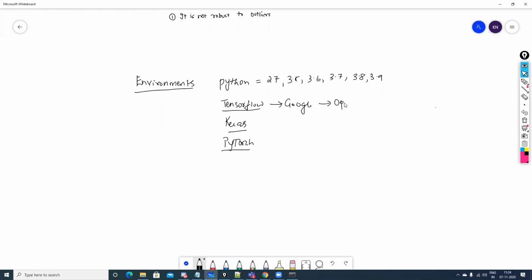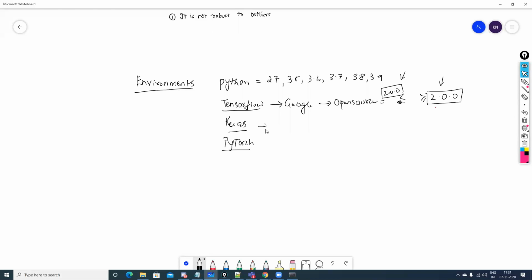as open source. Now, TensorFlow also has a lot of versions. Right now, the major distinction is versions greater than or equal to 2.0, and versions less than 2.0. Why I'm specifically telling you about different versions is because it is very, very important.